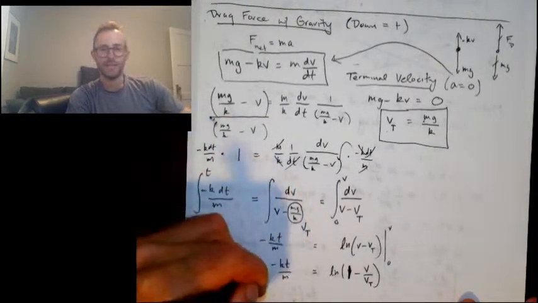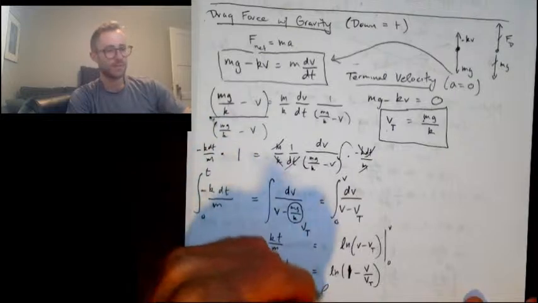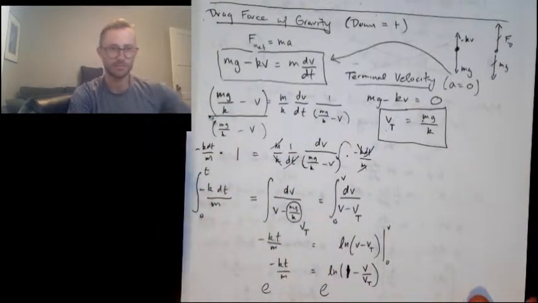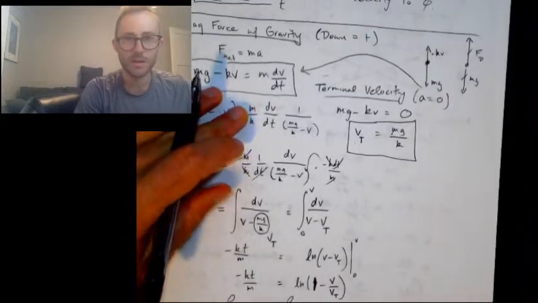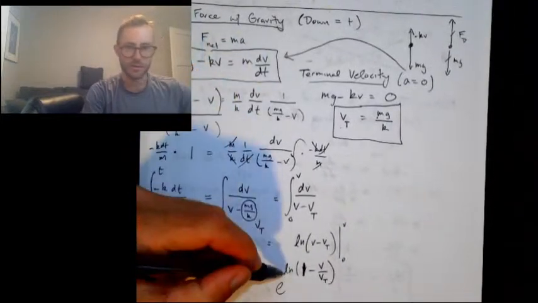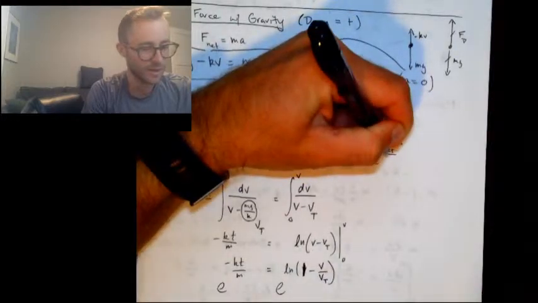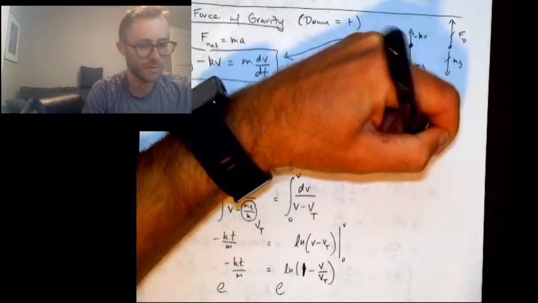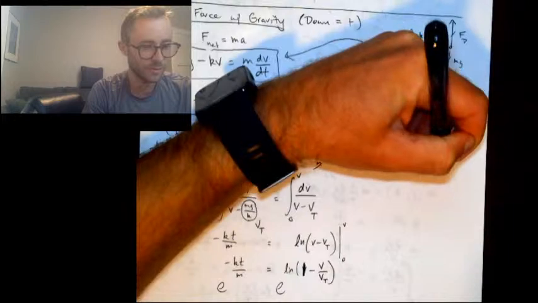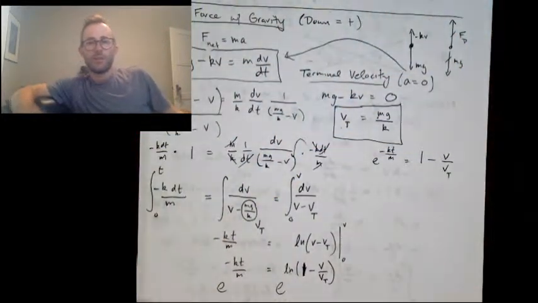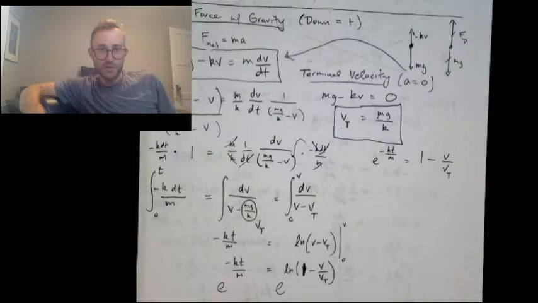So now I'm going to do e to both sides. Once again, the e is going to get rid of the natural log. So I have e to the minus kt over m equals 1 minus v over vt. And we're trying to solve for the velocity now.